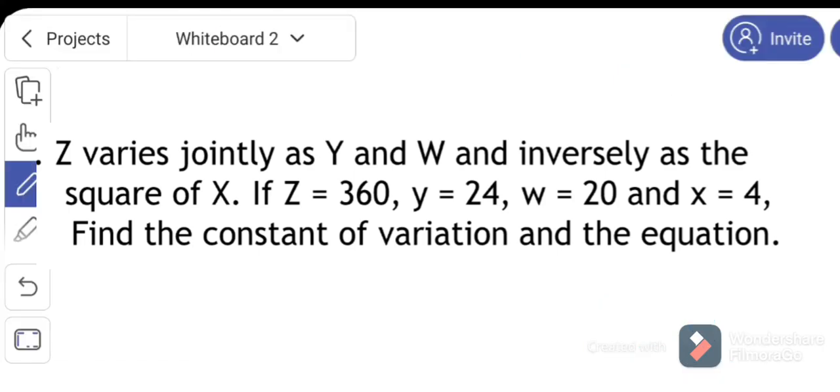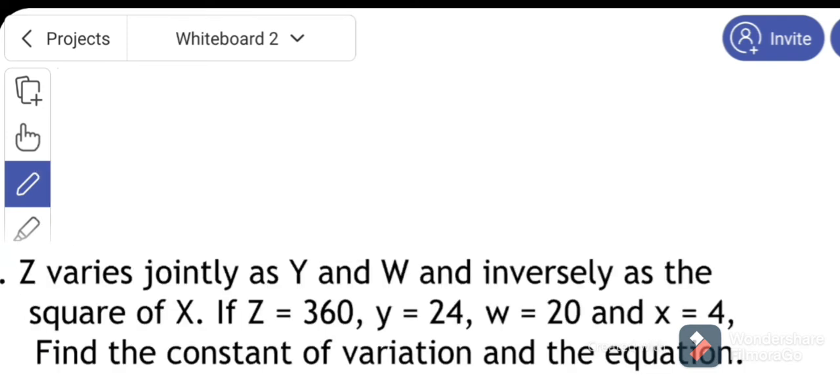Z varies jointly as Y and W and inversely as the square of X. As you see, we have jointly.